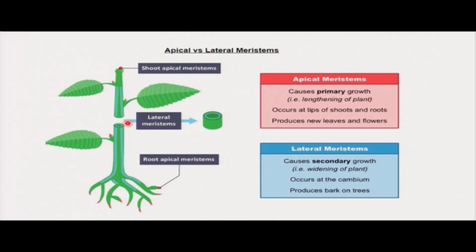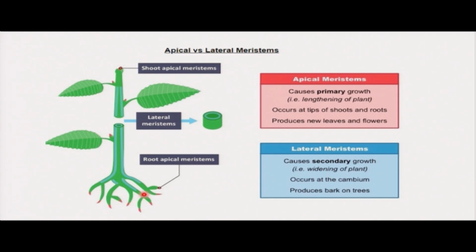So our question is, how are these types of meristematic tissues important? Let us say apical meristems causes what we call primary growth. That means primary growth is the lengthening of the plant. Let us say we have it here at the tip of the shoot. It is going to cause growth of the plant, increasing in length.